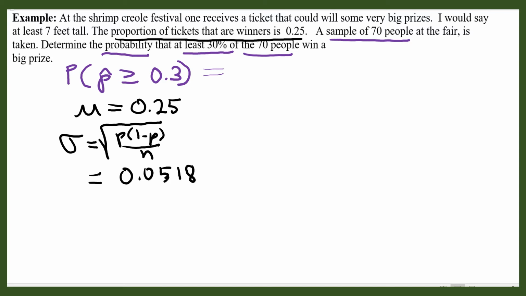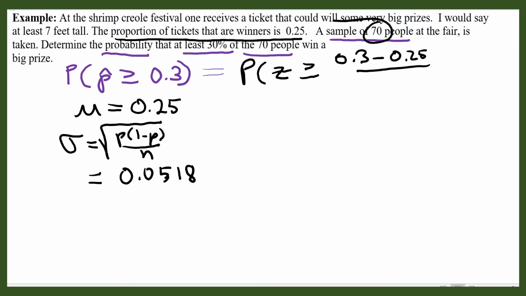Okay, plug in p, 1 minus p, n is equal to 70. Now we're ready to get to the table. We get to the table by subtracting the mean, dividing by the standard deviation.